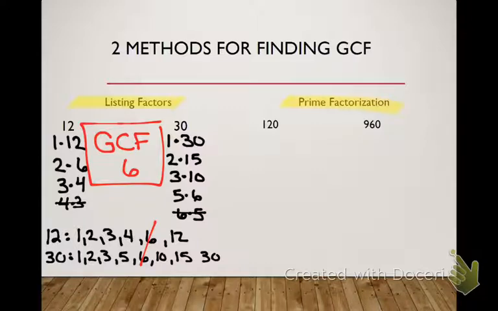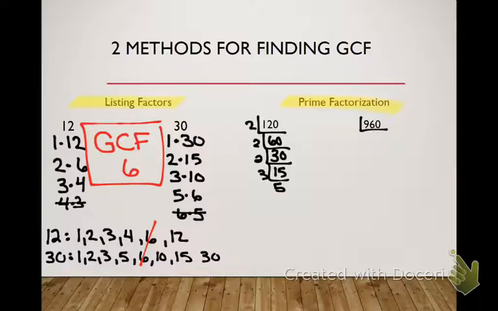But when I'm doing prime factorization, and I'm doing my upside down division, I think you guys already have these numbers factored, right? You already have this in your notes? Okay. All right, so we do the upside down division.